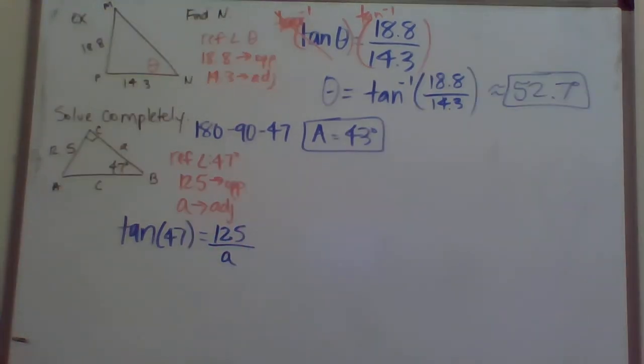over A. And then to solve for A, again, you can do this in lots of different ways. If you put the left side over 1 and cross multiply, you end up with the tangent of 47 times A equals 12.5. And then to isolate A, we're going to go ahead and divide both sides by the tangent of 47.